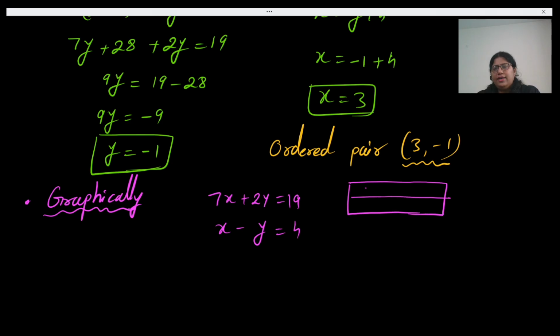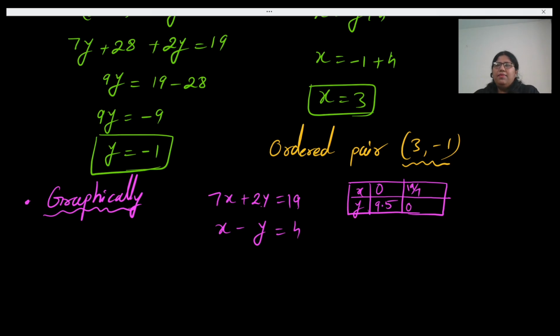I can take an x value and a y value. If I substitute x as 0, you get 2y is equal to 19, so y is going to be equal to 9.5. If I put y as 0, then you get 19 by 7.